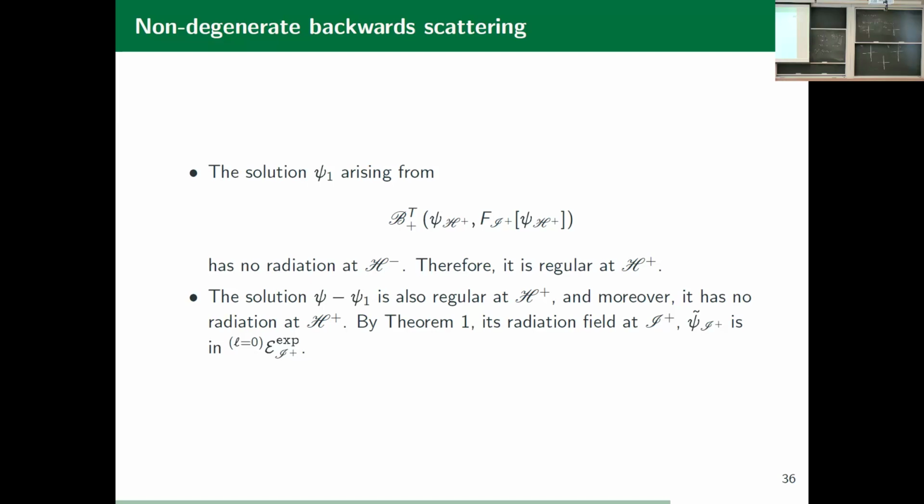So what I just said is that any solution in spherical symmetry is equal to one solution which has no incoming radiation from H minus, so we have 0, plus a solution which has no radiation at H plus.